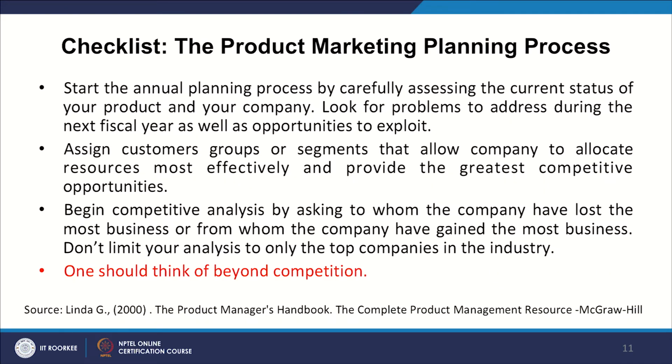You see, there is a checklist the product marketing planning process has. Start the annual planning process by carefully assessing the current status of your product and your company. Look for problems to address during the next fiscal year as well as opportunities to exploit.